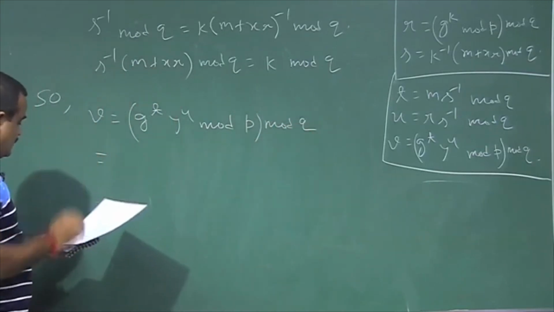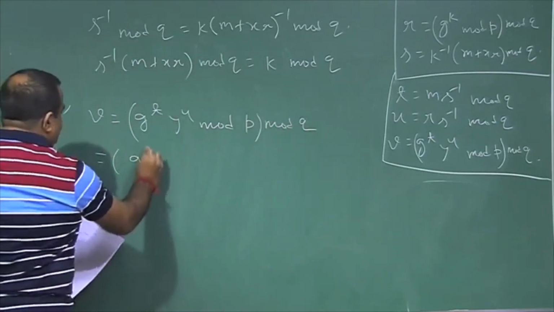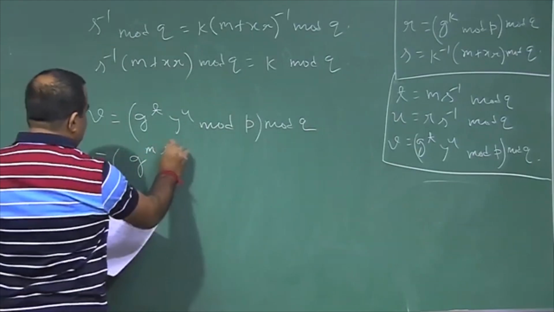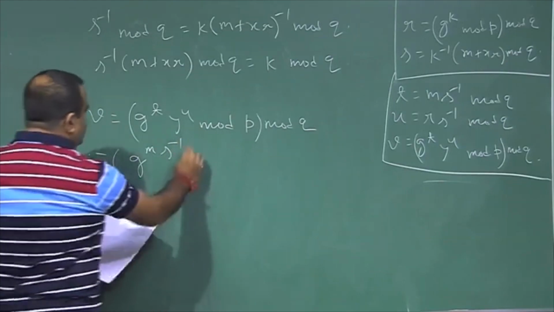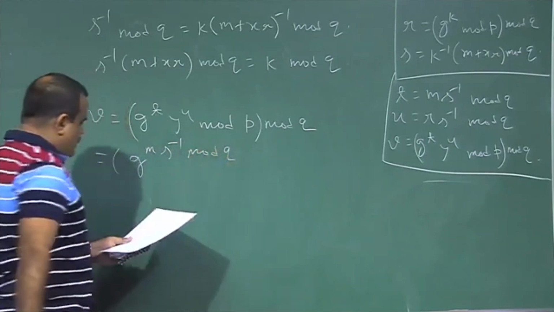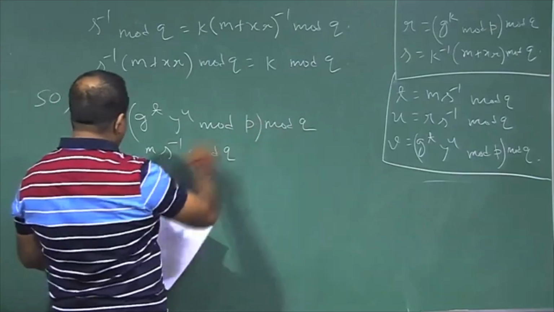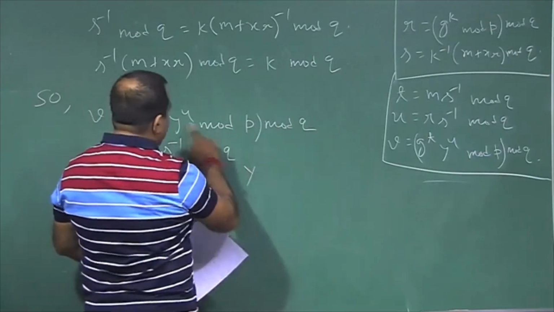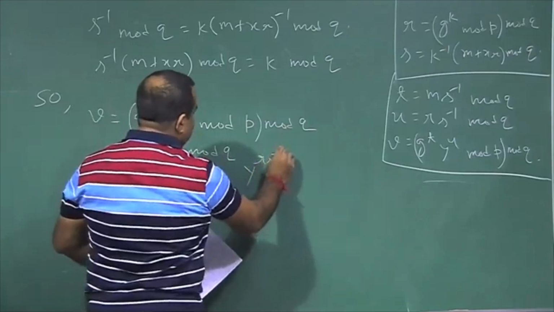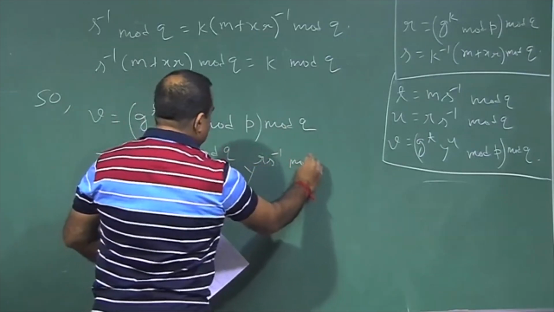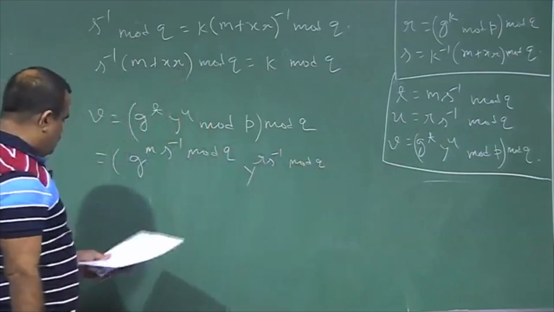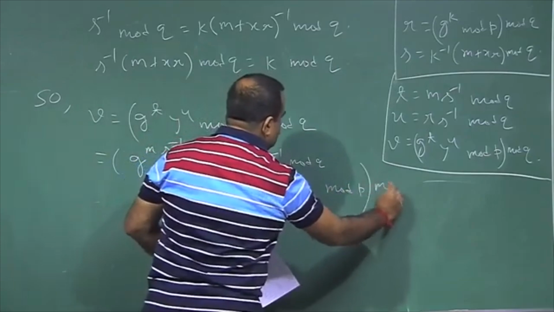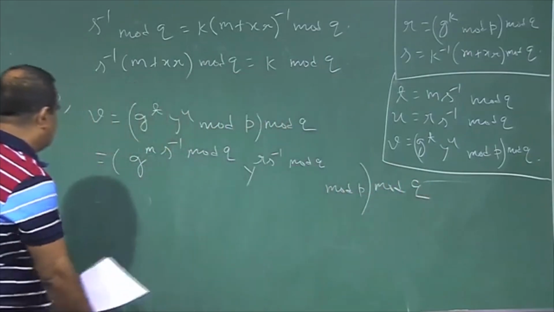So, this is basically g to the power t, which is m S inverse, so g to the power m S inverse mod q, and because u is r S inverse mod q, y to the power u is basically y to the power r S inverse mod q, then mod p mod q. Just simplifying this, very simple.